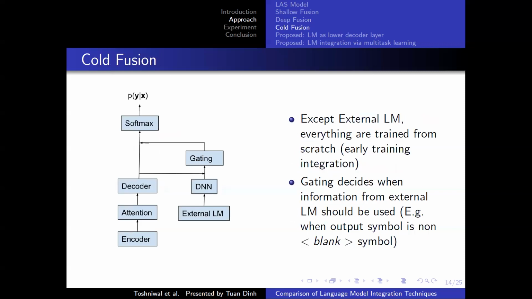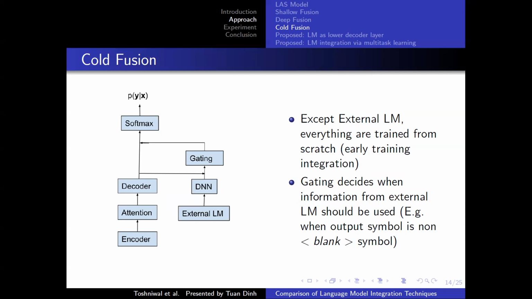In cold fusion, the external language model is pre-trained. To combine the external language model with the LAS model, a DNN module and a gating module are introduced. Everything is trained from scratch while keeping the external language model fixed. In other words, this is an early training integration.